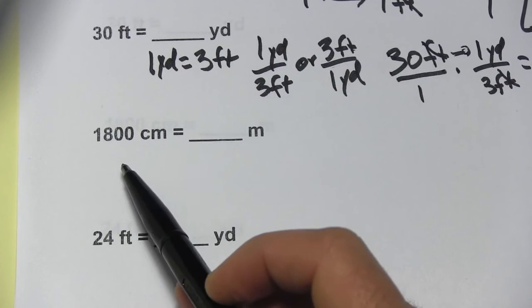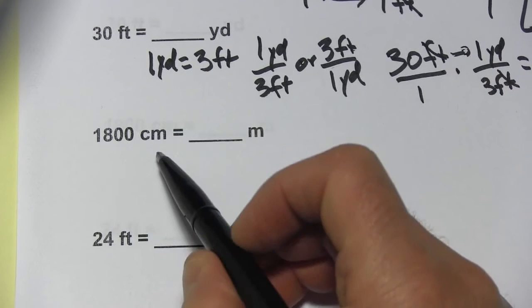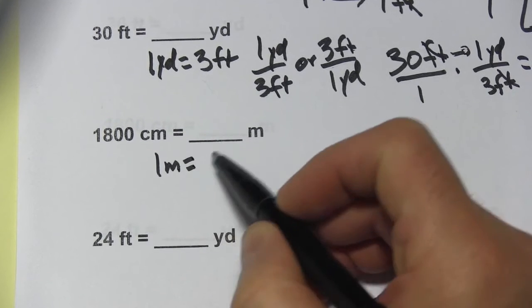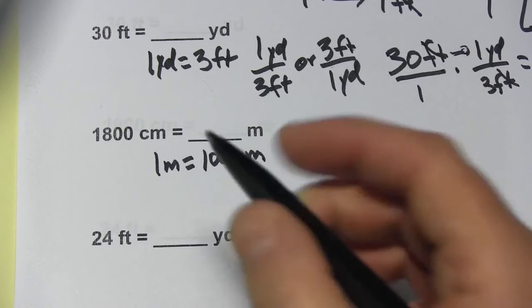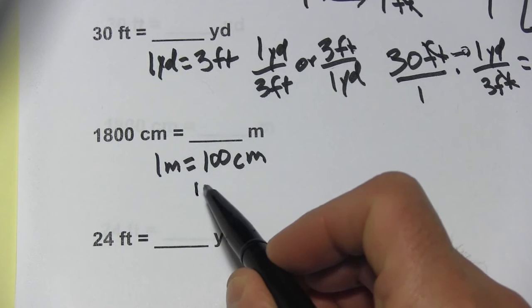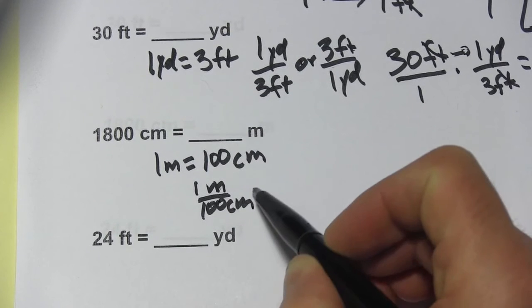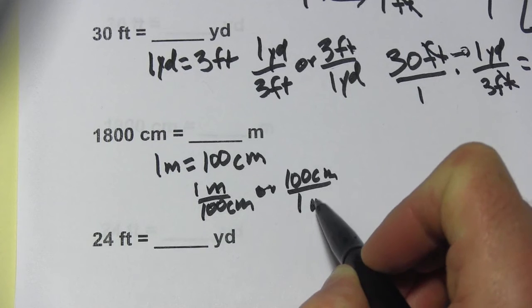This one says 1,800 centimeters equals how many meters? Well, if you don't know, you should look up and see that 1 meter equals 100 centimeters. So our conversion factors here could be 1 meter over 100 centimeters, or 100 centimeters over 1 meter.